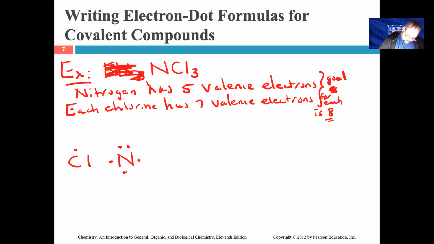And then let's put a chlorine to the left. Chlorine to the bottom. And a chlorine to the right. Okay, so if we start with the chlorine on the left, it says, okay, let me take one of my valence electrons and share it with the nitrogen.